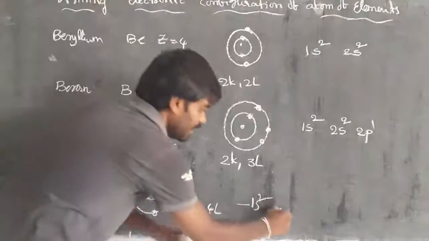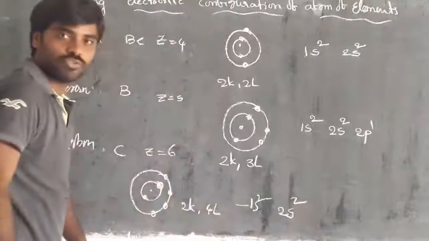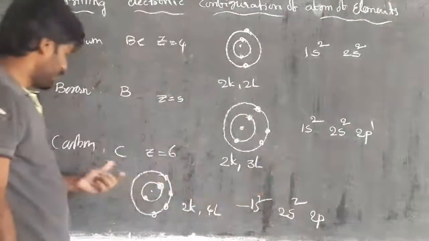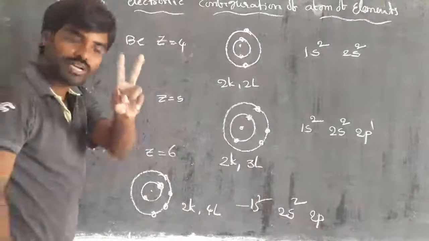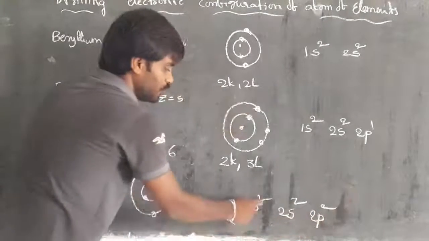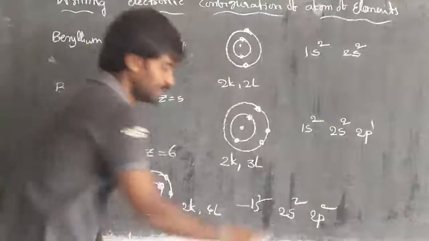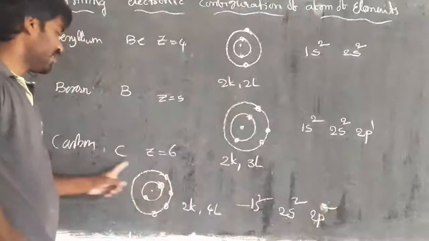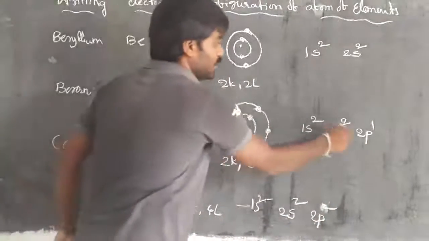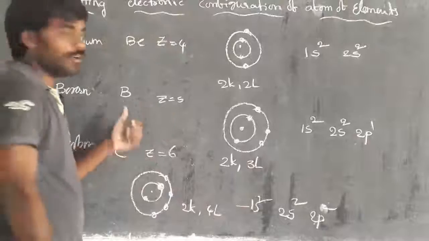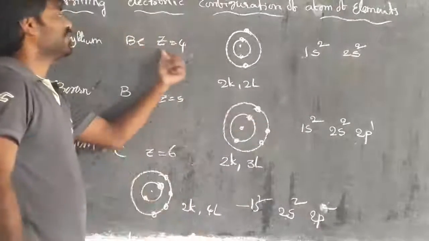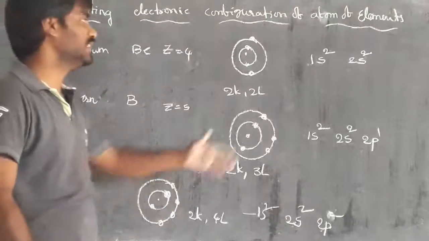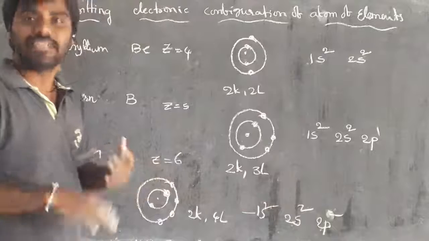Then for 4L, first 2s is filled with 2, and still 2 more electrons are left, because 2 plus 2 is 4 but the total is 6. We write those in 2p. So 1s2, 2s2, 2p2 is the configuration for carbon. 1s2, 2s2, 2p1 is the configuration for boron. 1s2, 2s2 is the configuration for beryllium. So based on 9th class knowledge, we can easily write the configuration in 10th class.